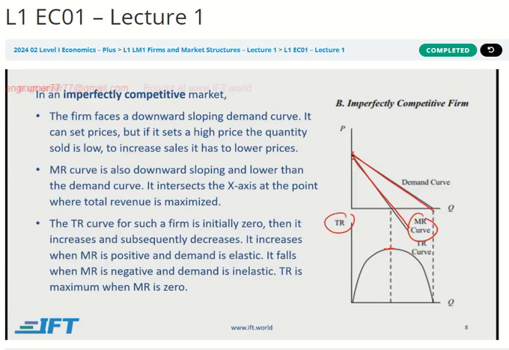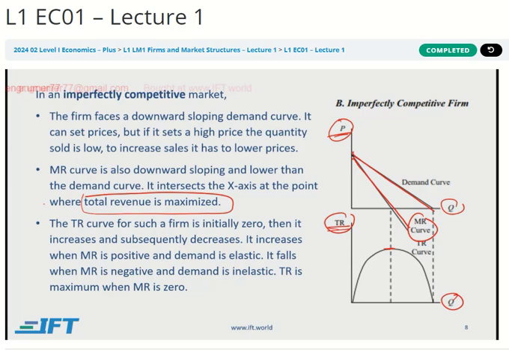And clearly, as you can see, the total revenue depends on the quantity level and the price level, and the quantity level depends on the price level. So the firm should be optimizing its quantity in a way where not only the total revenue is maximized, but where the profit is maximized. Now we will come to profit maximization later.